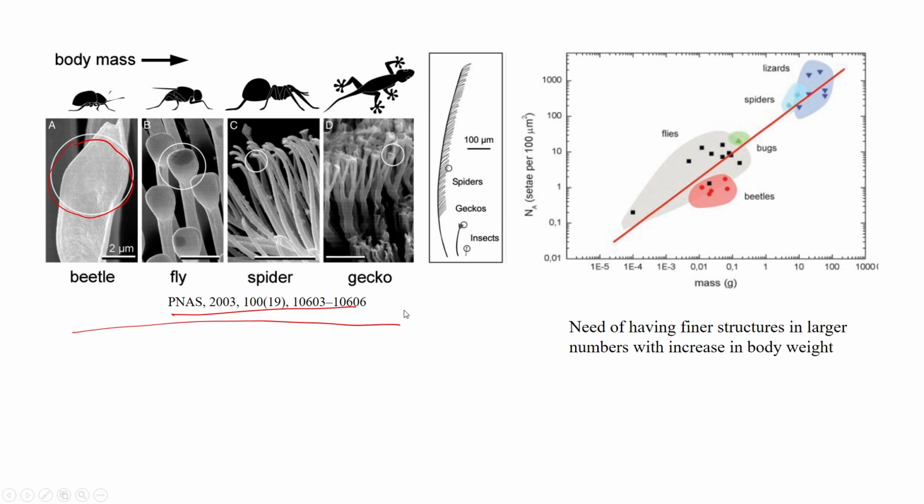They have this density of pillars in their feet, and the general observation is that as the mass increases, the number of pillars also increases. So these insects, by using this contact splitting principle, can increase the pull-off load that is required to separate them from their substrate or from their habitats.